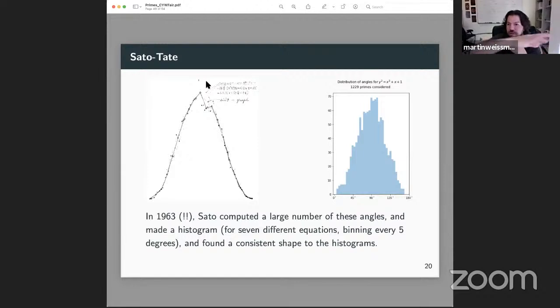It's not like the error is spread out as much as it could be. It's concentrated in the middle there. This is a version that I made on my computer. Again, it took maybe half an hour of programming and less than a second to compute this graph, which is a version of what Sato did 50 years ago.